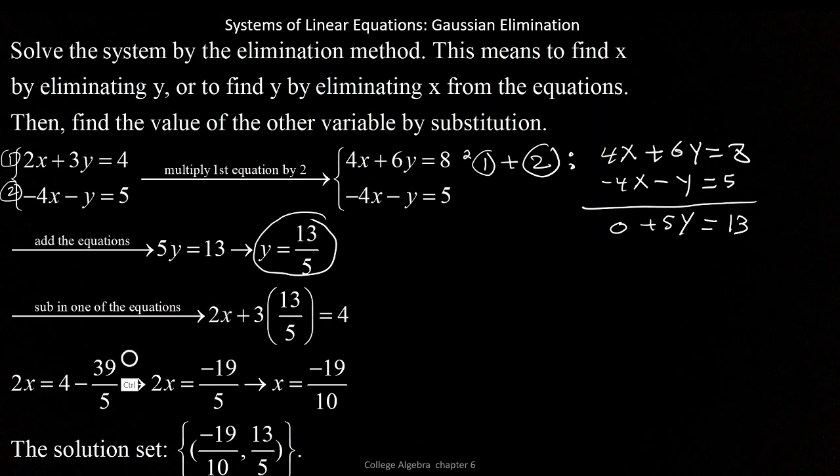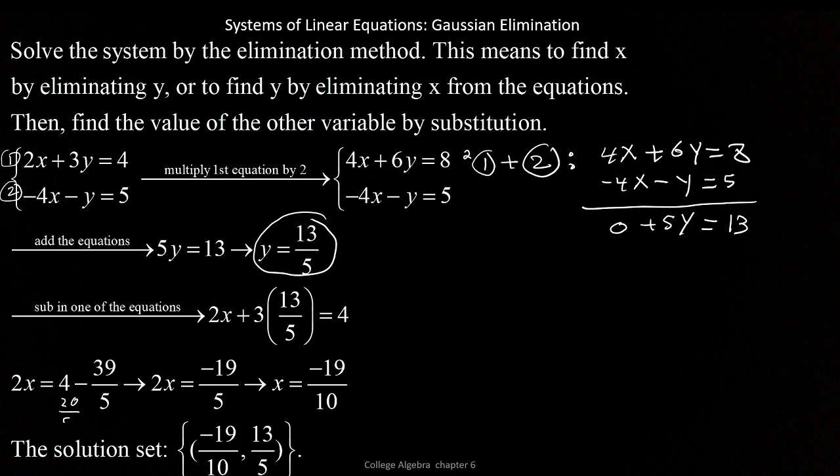Now from here we can isolate x, and you know how to do that, right? So multiply and you get 39 over 5, and then move it to the other side, subtract it from 4. So 2x is negative 19 over 5, because 4 with the denominator of 5 is what?